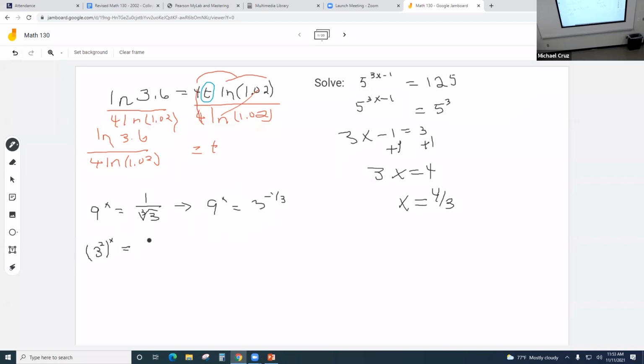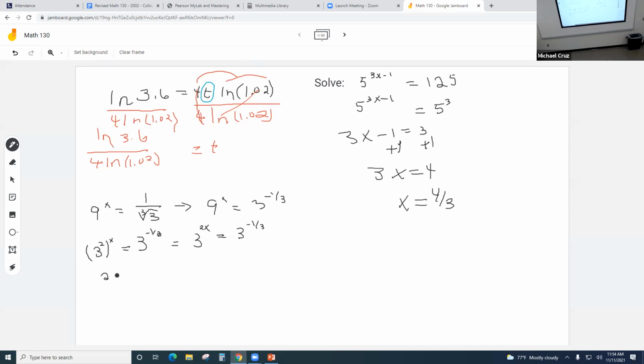So we can do a little bit of manipulation to get the same bases. So this would be 3 to the 2x is equal to 3 to the negative 1/3. And with a little manipulation, we got the same base on both sides.